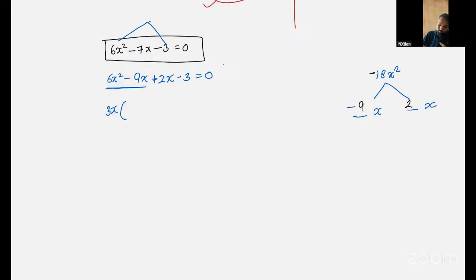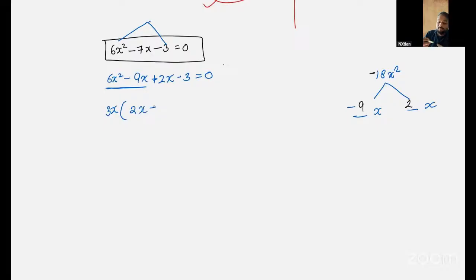What will remain behind? 3 times 2 is 6, so 3 is out, and only 2 remains. And 2x was there, but now 1x is out. So what will remain behind? x.